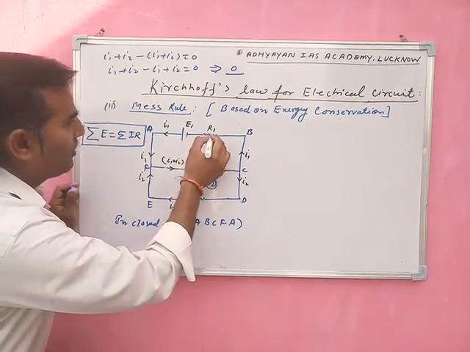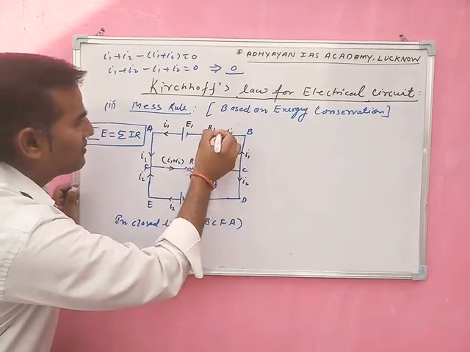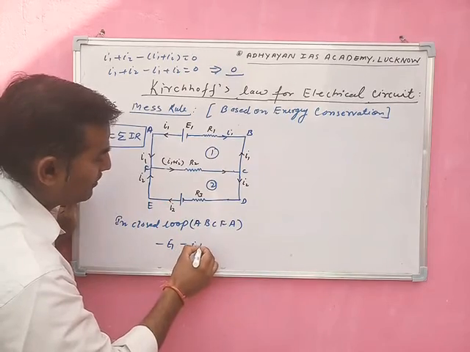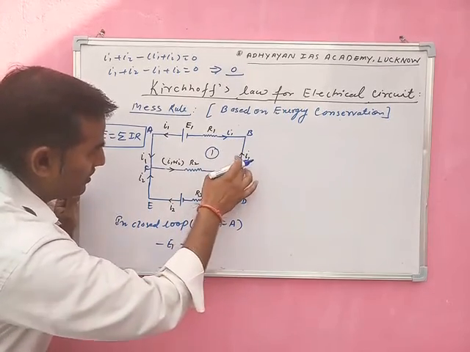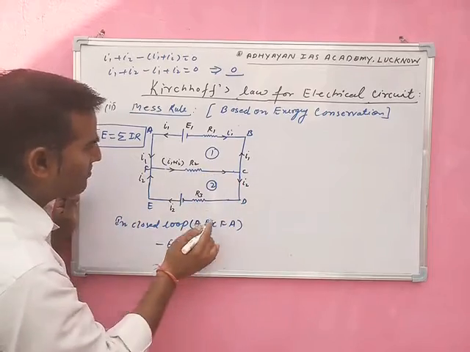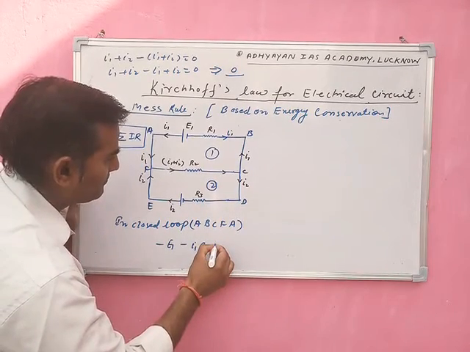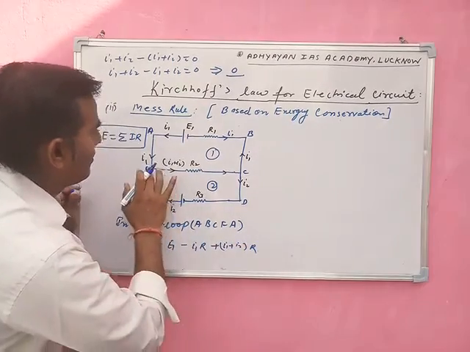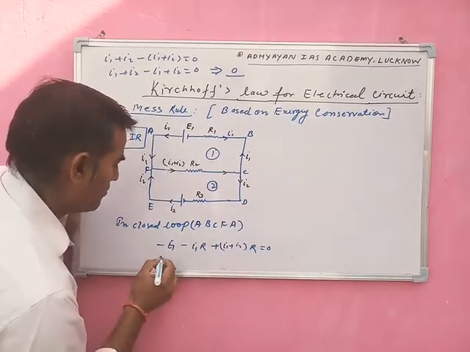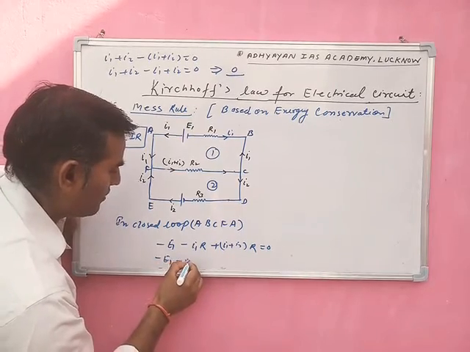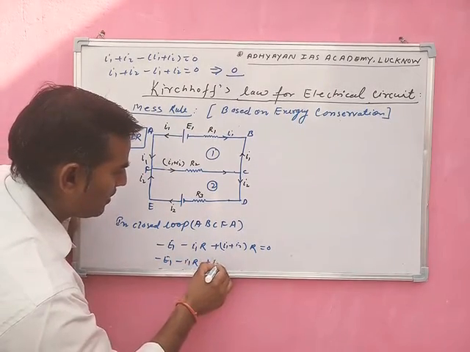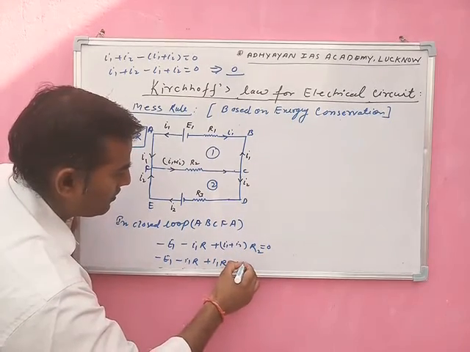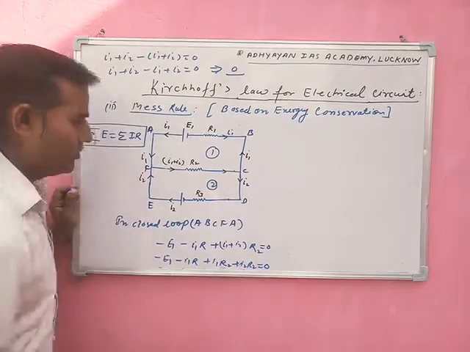Then we go opposite to the current, so minus I1 R1. Coming here, opposite to the current, plus (I1 plus I2) R2 is equal to 0. So, minus E1 minus I1 R1 plus I1 R2 plus I2 R2 is equal to 0.